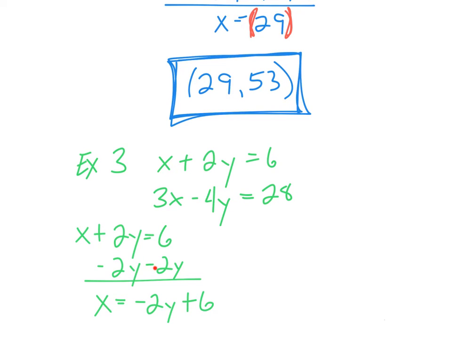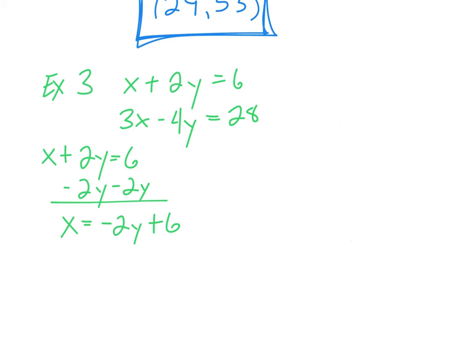This was subtracting the 2y, so it kept the -2 there. Now we've got that variable by itself, so x equals -2y plus 6. Now we'll go up into that second equation, take out the x and replace it with what x is equal to.